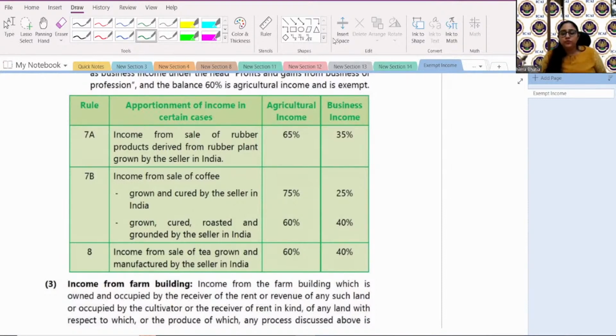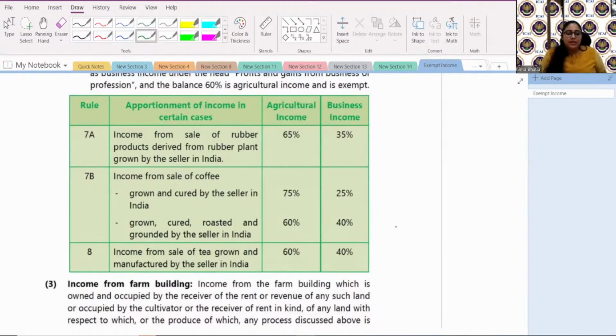Tea is grown, filtered in a way, certain things are eliminated, and the packing is done in a way. There are premium leaves and other varieties. Manufacturing is there. Coffee beans grow, then they are cured, then roasted, and then ground. You will get different varieties of coffee in the market, roasted coffee, ground coffee, all of these things.